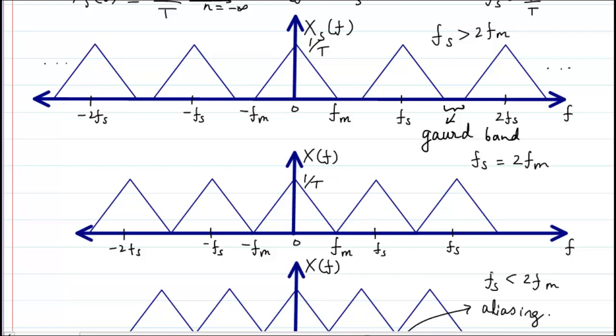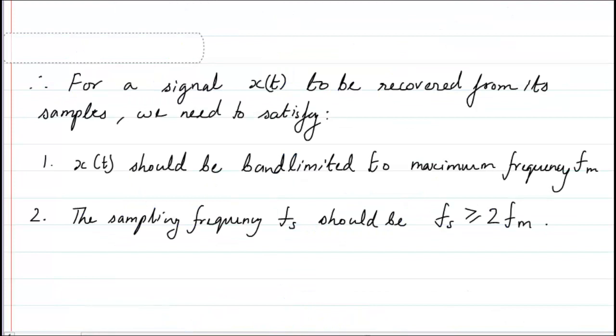This will occur in this particular situation. We have to take care that there is a guard band because the filter is not ideal. So if the filter is not ideal, we generally have to follow that Fs is greater than 2Fm and not keep it equal to 2Fm. That's why the sampling rate is always kept more than twice Fm.